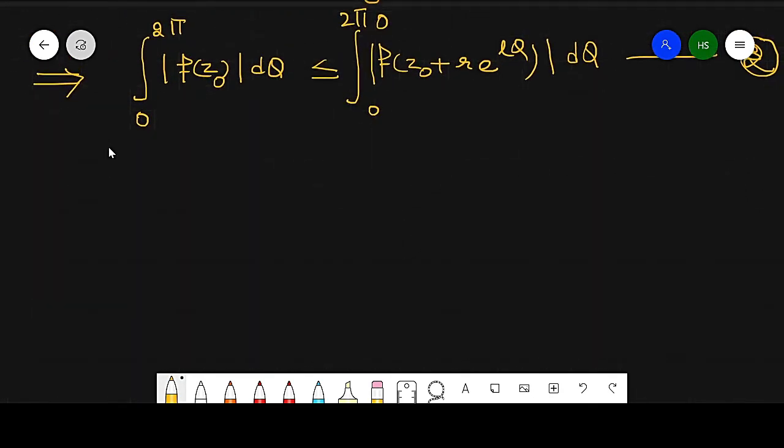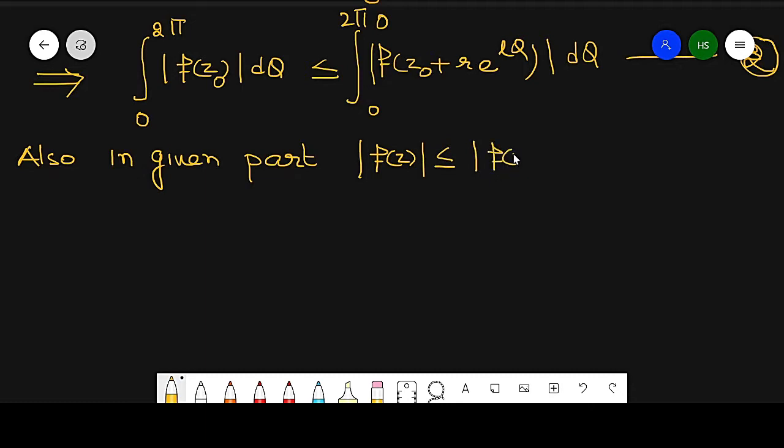Also in the given part, modulus of f(z) is less than or equal to modulus of f(z naught).